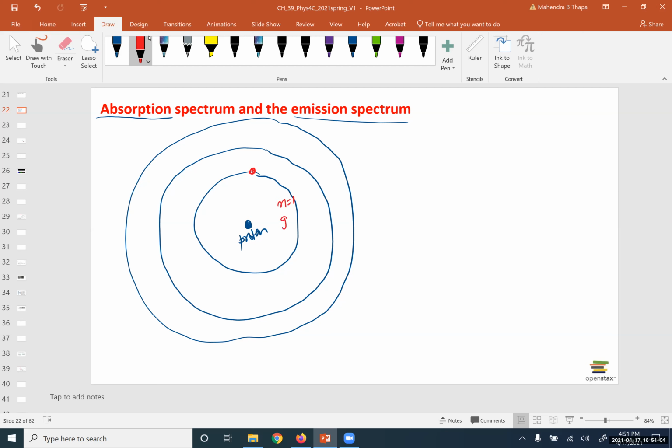This is the ground state, and it has the lowest energy. It could be in the n is equal to 2 second orbit, second quantum state, or we call n is equal to 2 the second orbit, or we can also call it the first excited state.